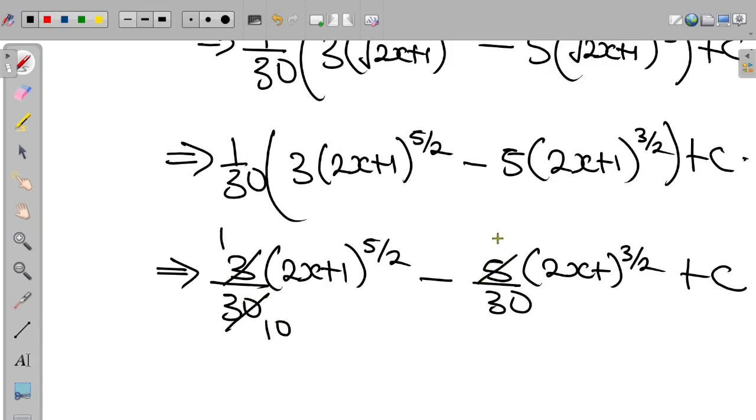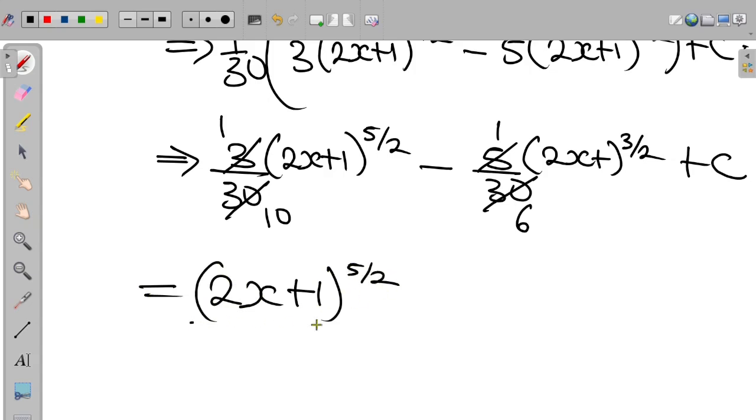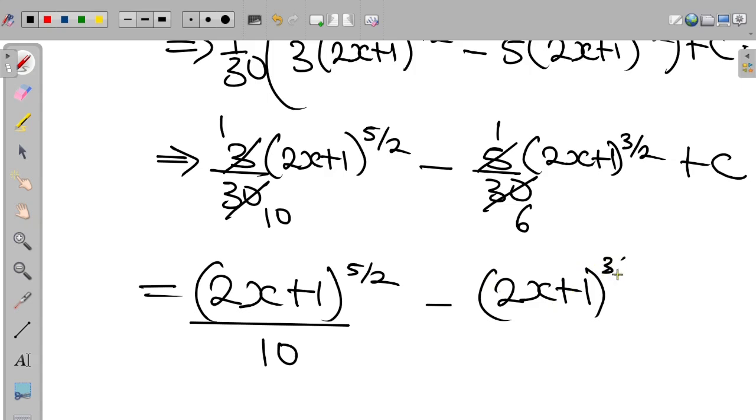If 5 comes here, we have 1. 30 divided by 5, we're left with 6. Therefore, we have it that this becomes (2x plus 1) all to the power of 5 divided by 2, all divided by 10, minus (2x plus 1) all to the power of 3 divided by 2, divided by 6, plus c.